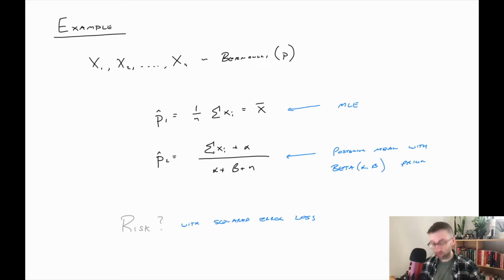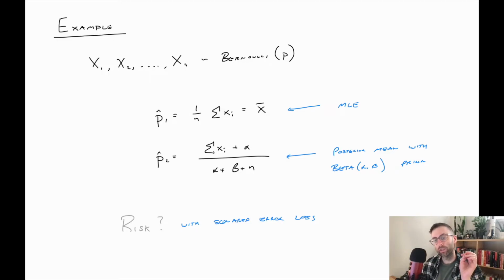So a real quick example. Let's say we have a random sample that's IID Bernoulli, and we want to consider two estimators for the parameter p. The first is the usual MLE, just the proportion of times these random variables come back 1. The other is the thing we derived last time, which is the posterior mean if we had a beta prior.